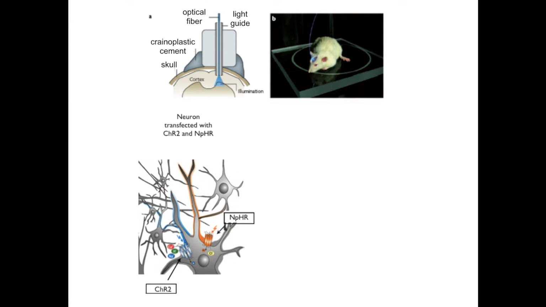The way the neurons are excited or inhibited with light is shown in the top portion of the slide on the left-hand side. Here, a rat has been implanted with an optical fiber through which laser light can be shown. The fiber is inserted into a light guide that is attached to the skull. The light guide can provide either blue or yellow light.